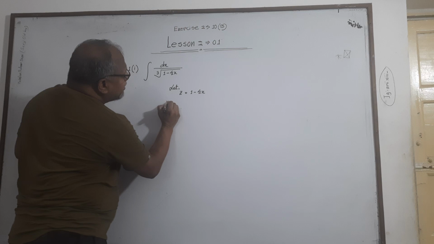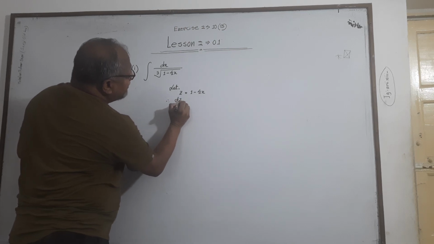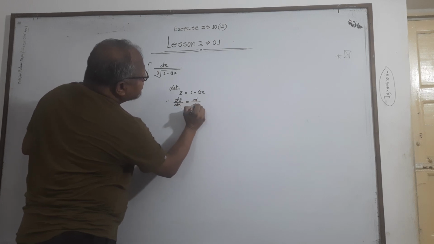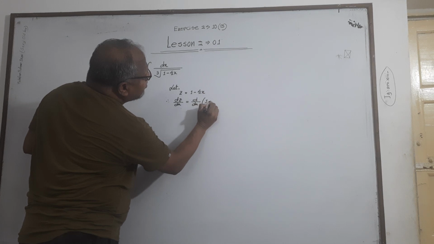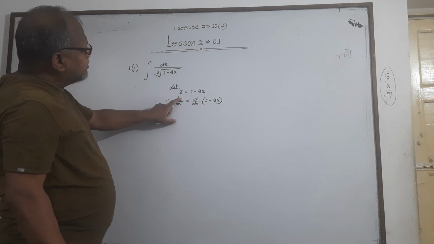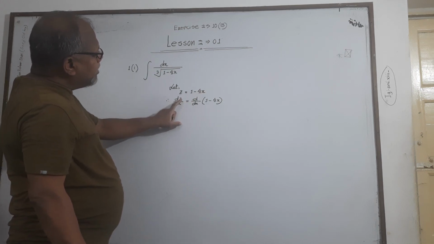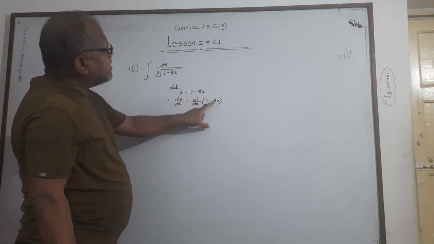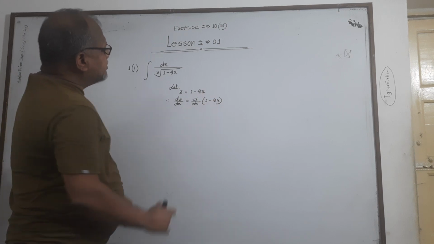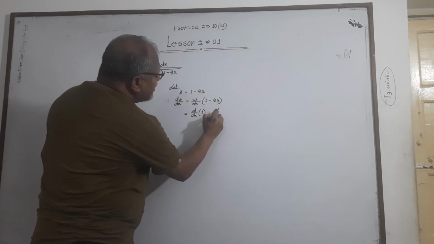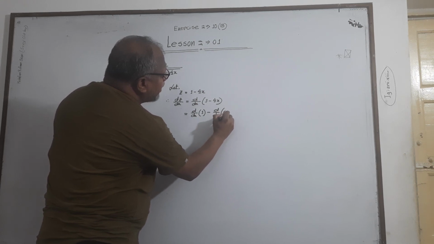So I differentiate: dz by dx equals d/dx of 1 minus 4x. Here the value of z is 1 minus 4x, so I can write d/dx of 1 minus d/dx of 4x.